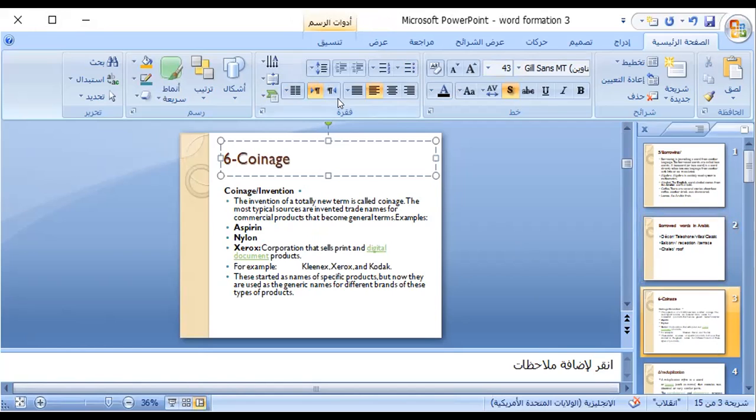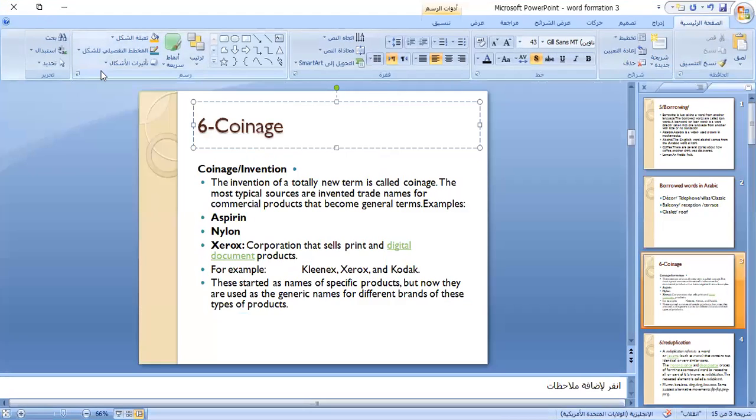Coinage is a matter of inventing some new words which don't have original words in the language. For example, some companies make certain products and they want to give them a name.